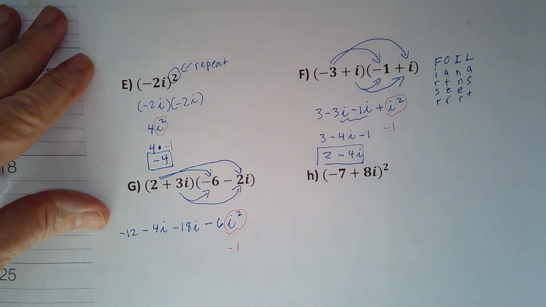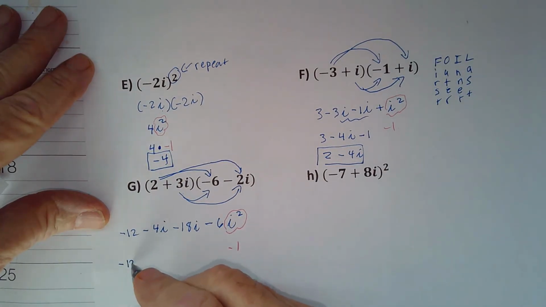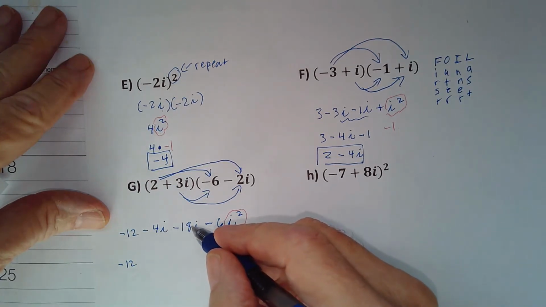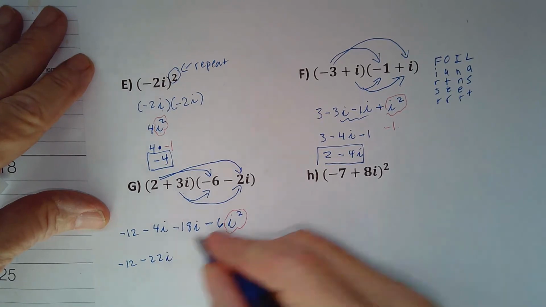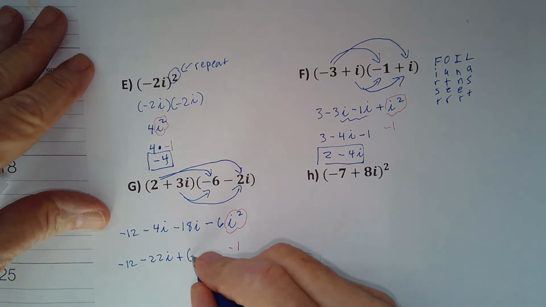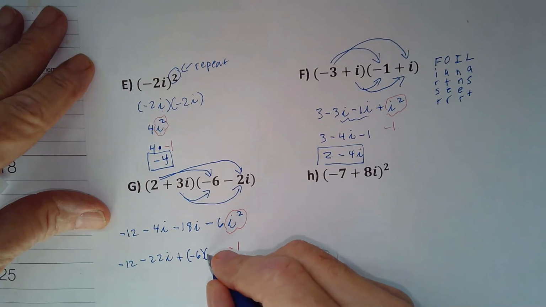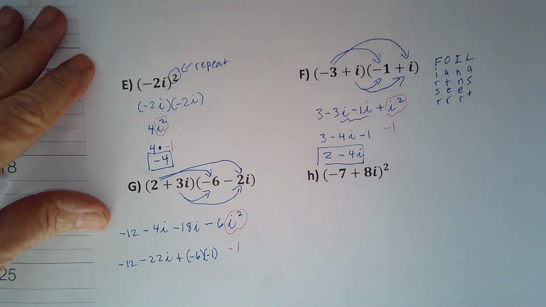Okay? All right. So let's, again, clean this up. We've got the negative 12 out front here. We've got negative 4i and negative 18i. That's negative 22i. And then we've got plus negative 6 times negative 1, because that i squared is negative 1, remember.